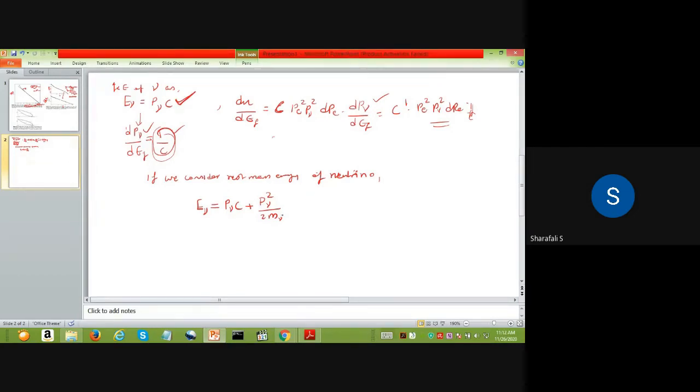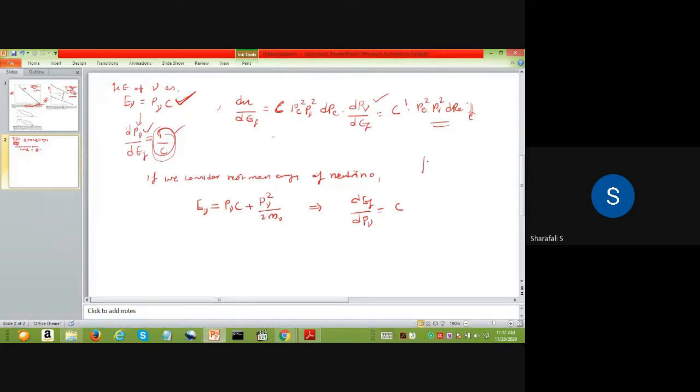Now if you want to calculate dp_nu by dE_f, if you take dE_f divided by dp_nu, this will give you c plus p_nu squared M_nu c squared. This total energy will come.